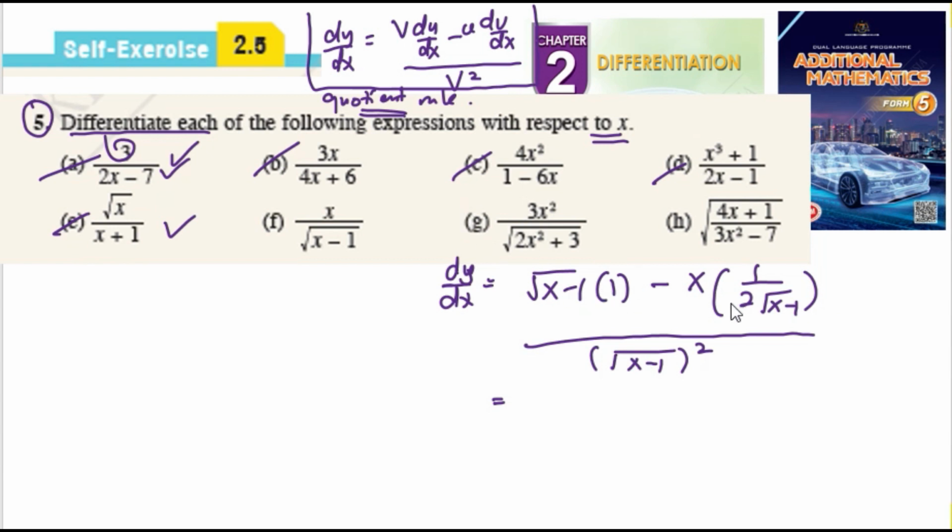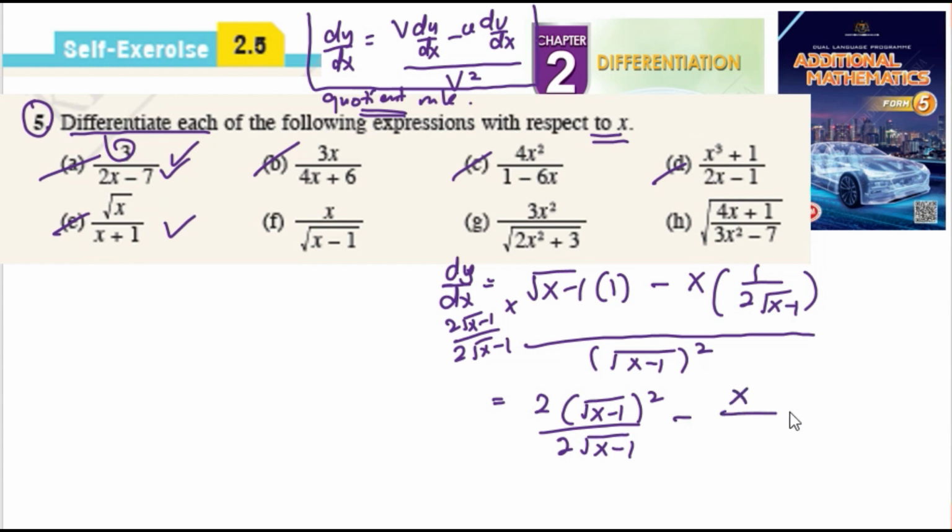Alright, so since you need to make the denominator equal, the front one you need to multiply with 2 over square root, 2 times square root of x minus 1 over 2 square root of x minus 1, to make the denominator equal. So you will have 2 times square root of x minus 1 squared, divided by 2 square root of x minus 1.